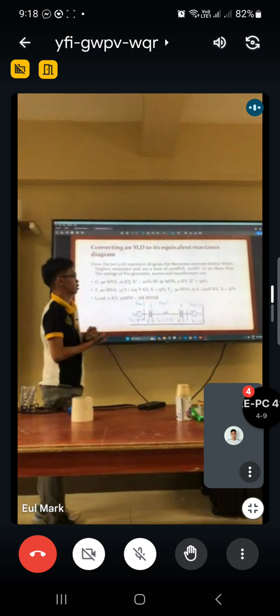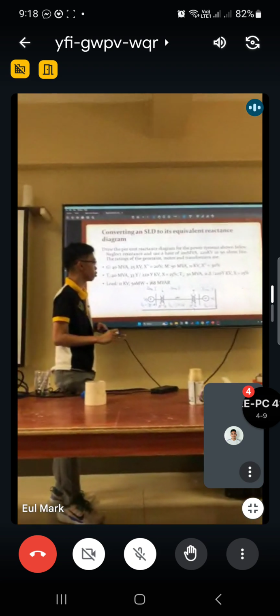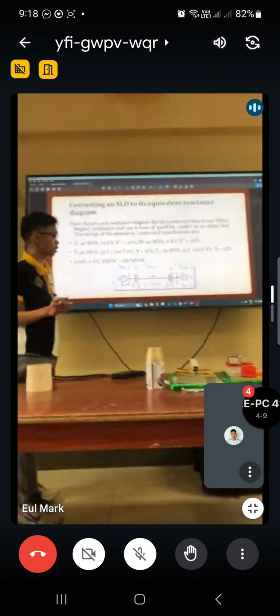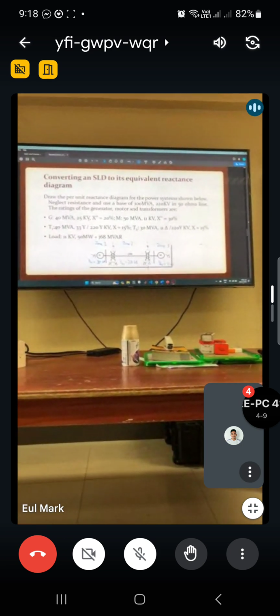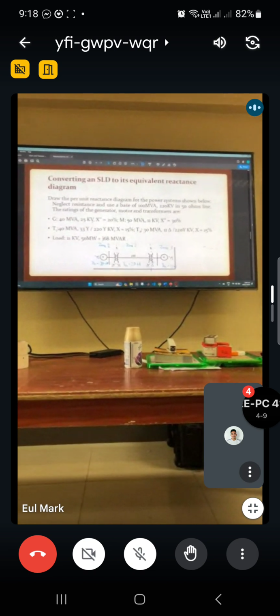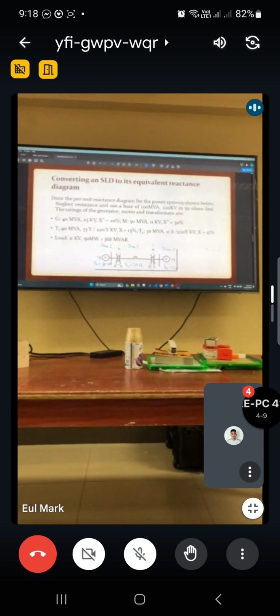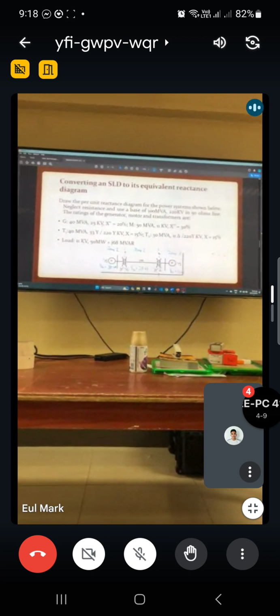So which side do we use? Actually it really won't matter, but you have to make sure you know which side you're referring to is connected. Let's say we refer to the primary side. Meaning your new base voltage is from zone 1. If you refer to the secondary side, your new base voltage is zone 2.